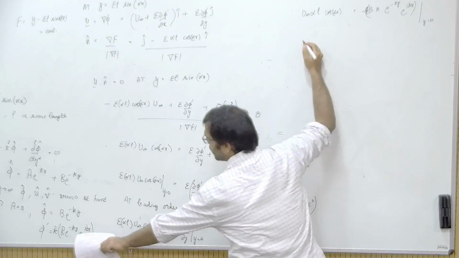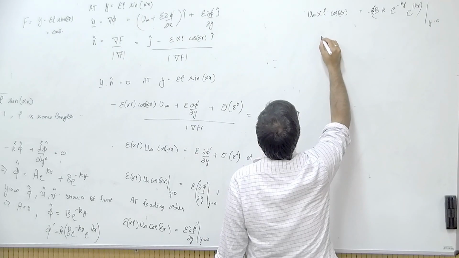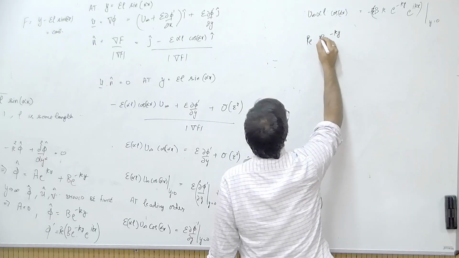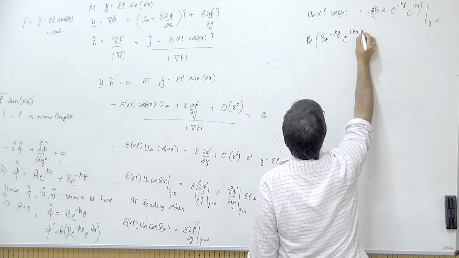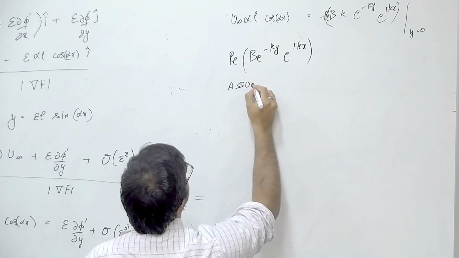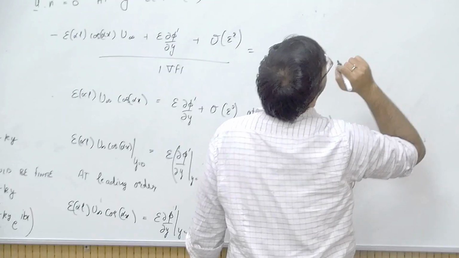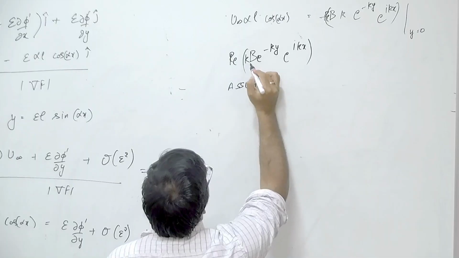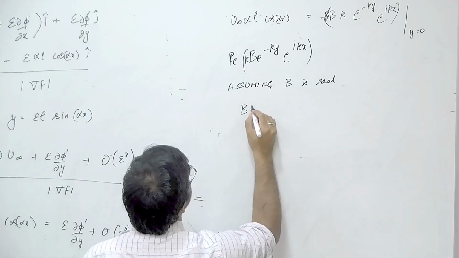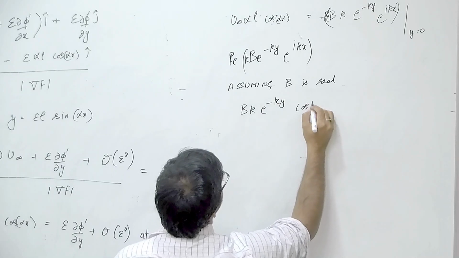So, the real part of b e to the power minus k y, assuming b is real, we can say b k e to the power minus k y is simply cos k x.